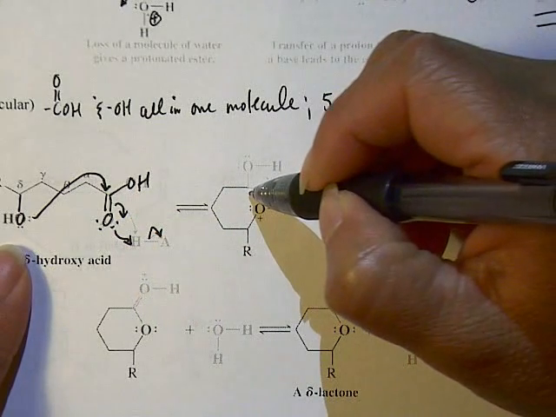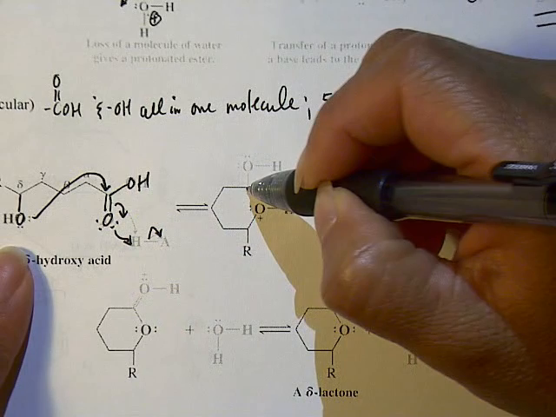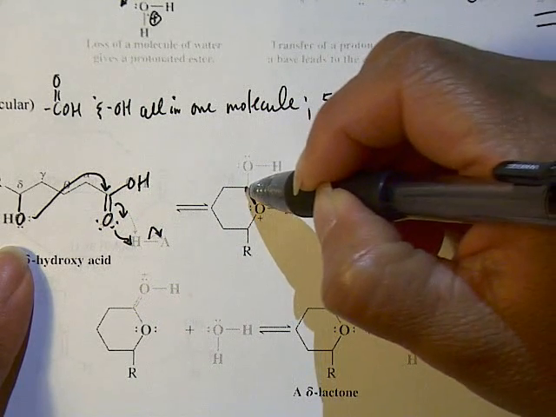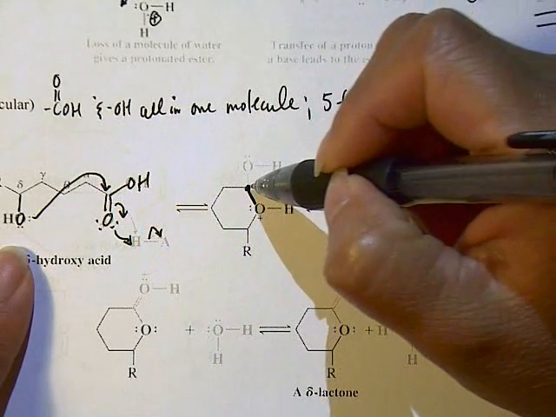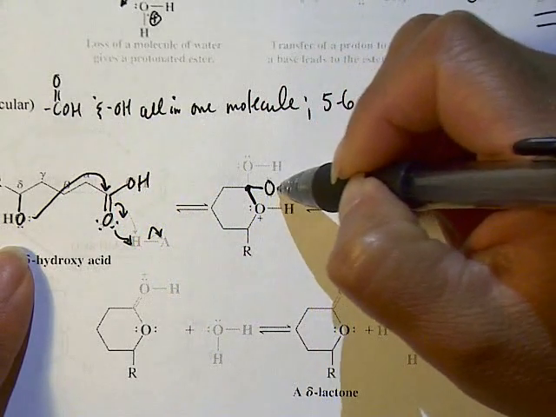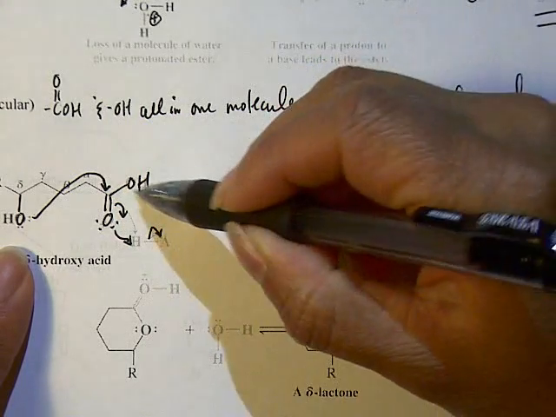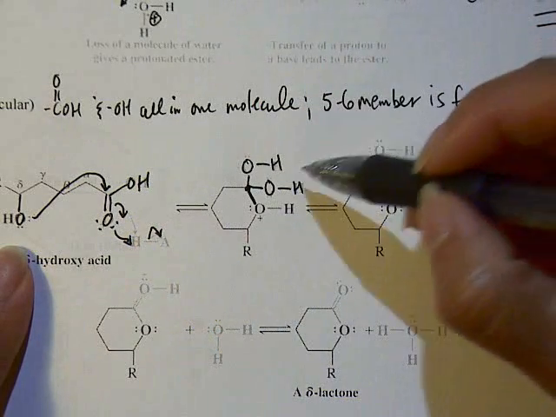So then you're going to form the 6-member ring with this carbon. So this carbon is the carbon of the carbonyl, which is why it has 2 OHs on it, one from this OH and the other one from protonation of the double bonded oxygen.